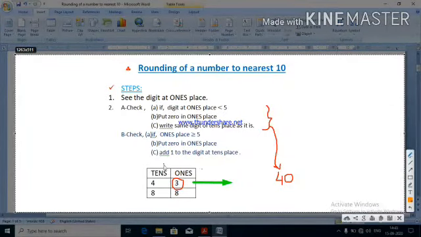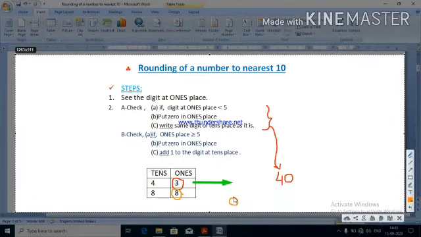For the next one, let us take another example. If ones place is greater than or equal to 5, here ones place, that is 8, is greater than 5, put 0 in ones place. After that, add 1 to the digit at tens place.